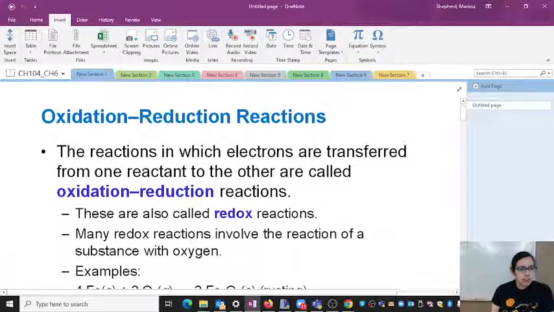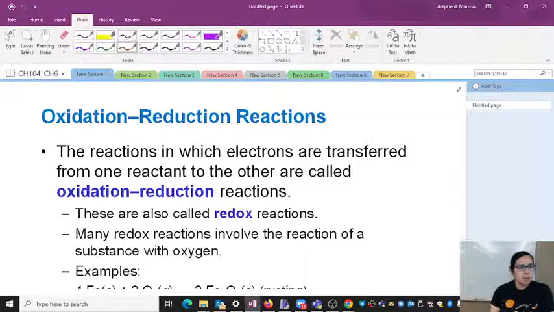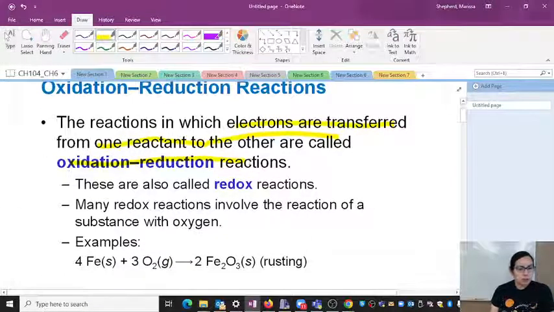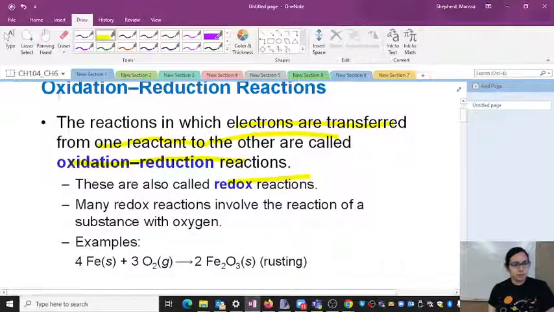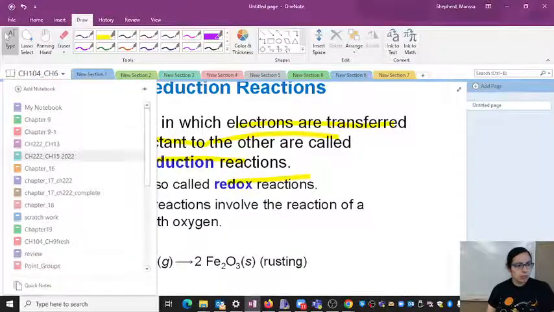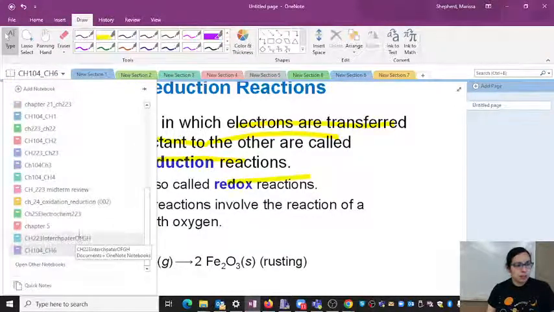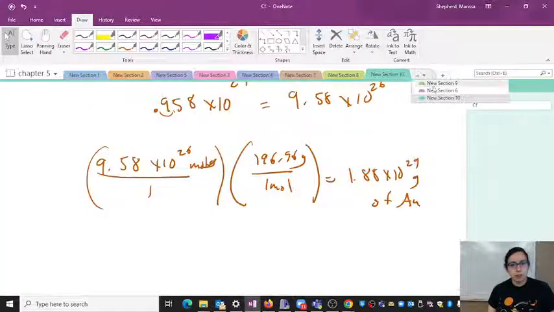Oxidation reduction reactions are reactions in which electrons are transferred from one reactant to another. These are called redox reactions. Usually you can spot them if we go back to our reaction types. They're basically everything but our double displacements.